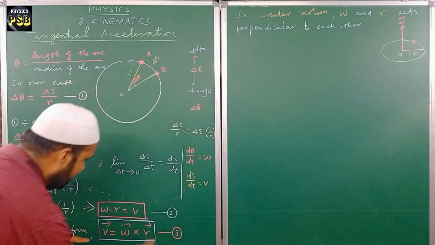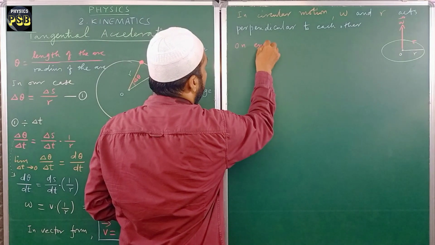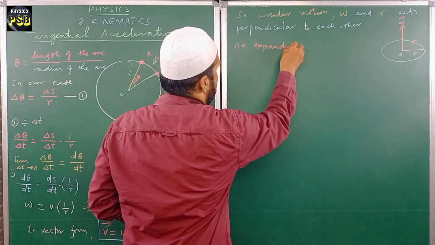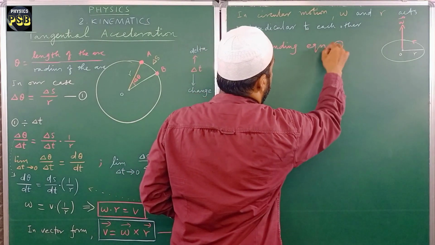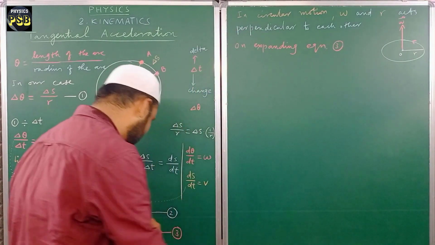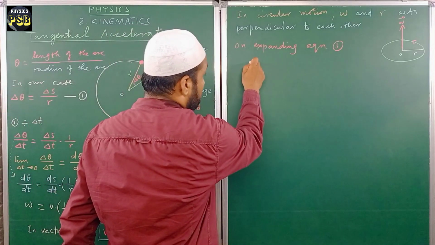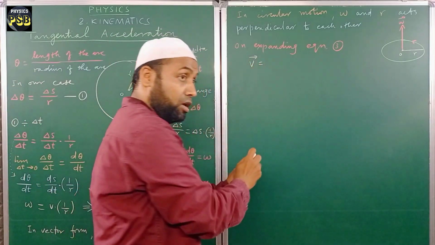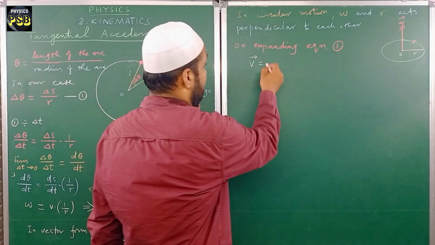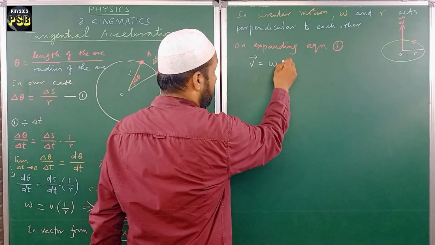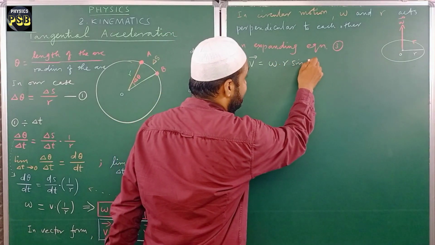Now I expand equation number 3. What do I get if I expand this? Well, it's a vector product. Now look here carefully. When we expand a vector product, we get omega r sine theta.